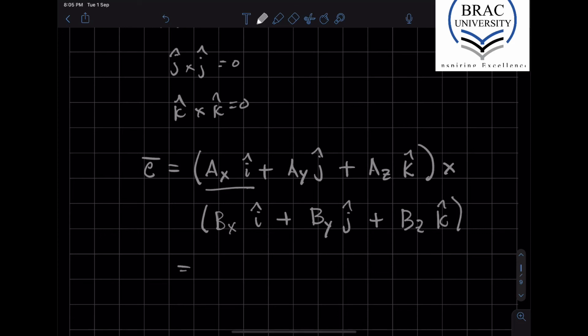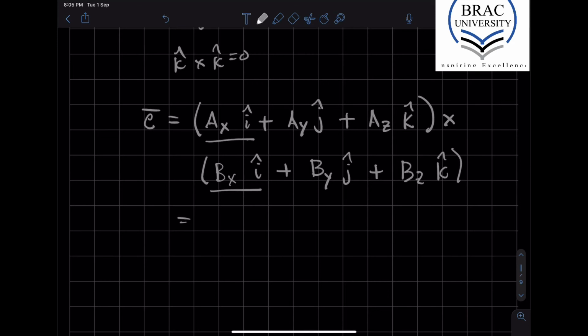The cross term between i and i will be 0 because i cross i is 0. Similarly, the cross terms between j and j will be 0, and similarly for k and k.